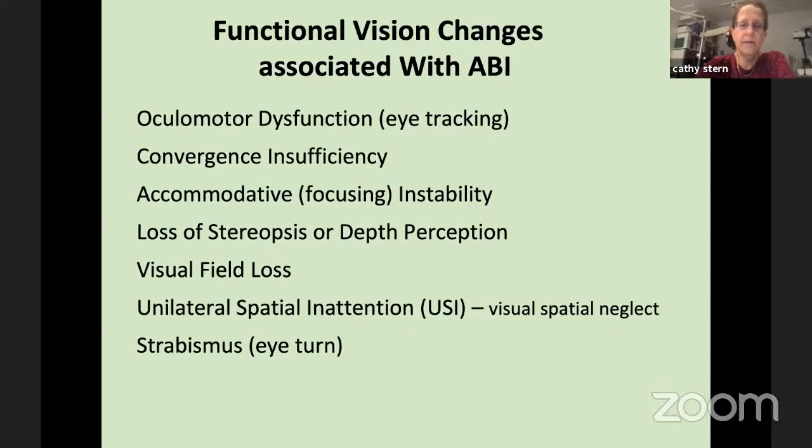We may be talking about the instability of accommodation, the loss of stereopsis or depth perception. It could be a visual field loss, and that could be from pathology or more functional. A patient may have visual spatial neglect, or they may all of a sudden demonstrate strabismus.